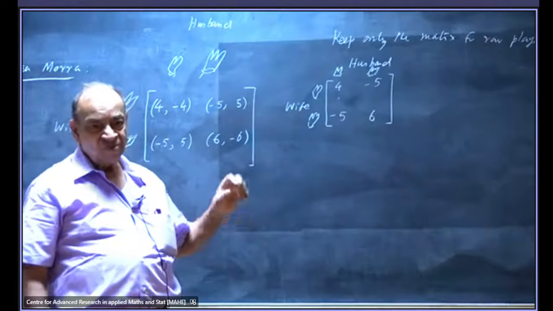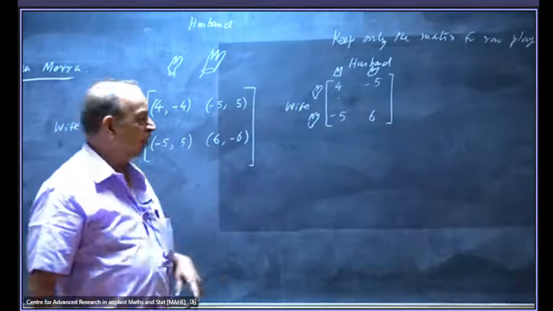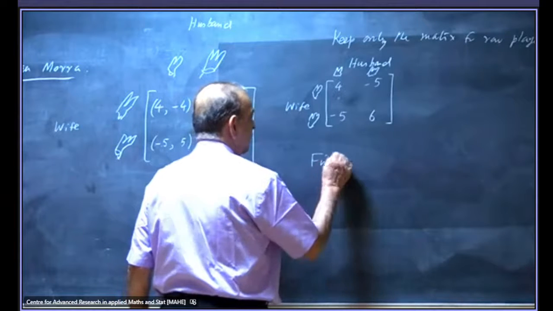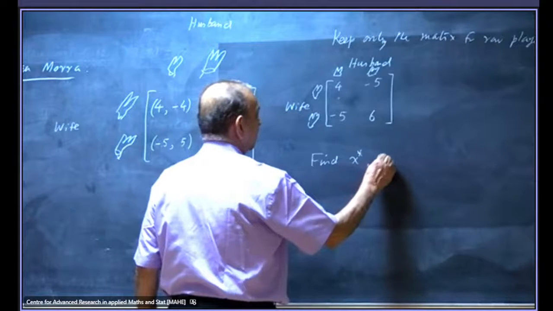Now, I am going to use Nash's equilibrium condition, and what we are saying is find x star, y star.